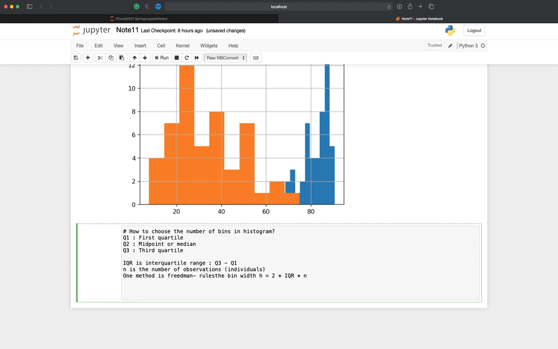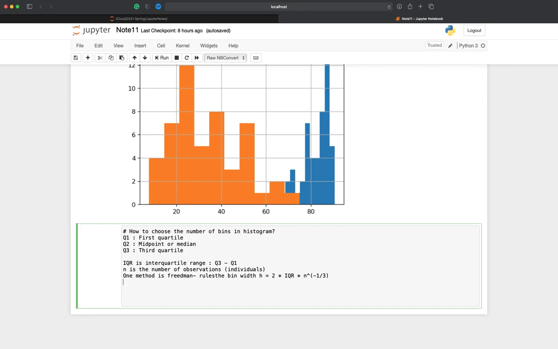Now, n raised to -1/3. So this is h. H gives us the bandwidth or bin width, meaning from this point to this point, right? Which is the same for all the bins in this histogram, for example.